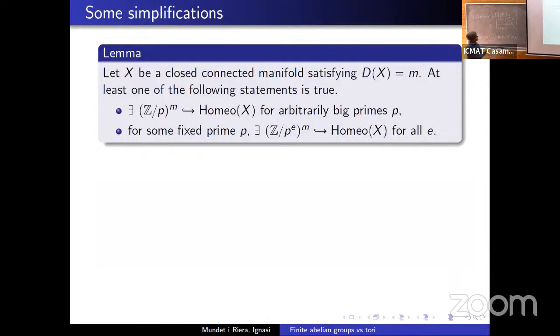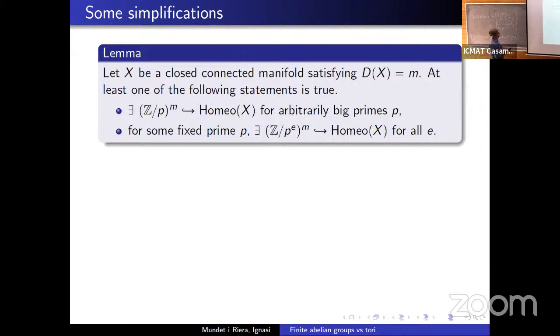Good. So now I'm not going to sketch the proof of the theorem as I wrote it down. I will explain the proof of a simplified version of the theorem. A first observation is that the condition that d of X is equal to m implies that at least one of the two following statements is true.